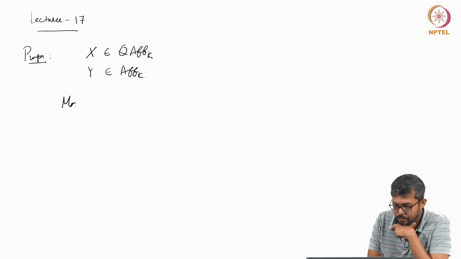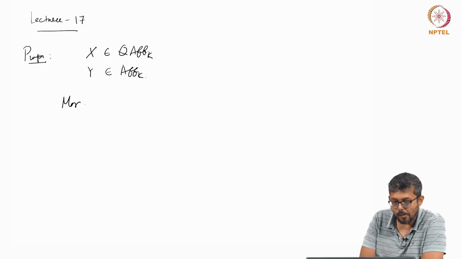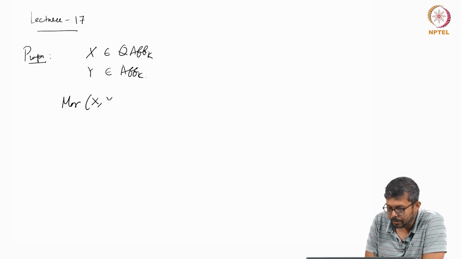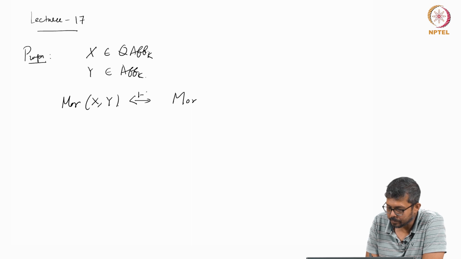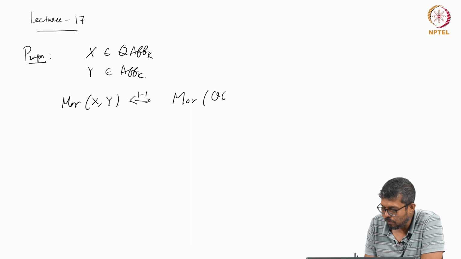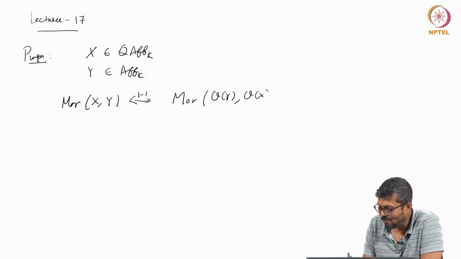Then morphisms between X and Y, so of course in the quasi-affine category, this is the same as, same means one-to-one bijection, morphisms between OY and OX as K-algebras.